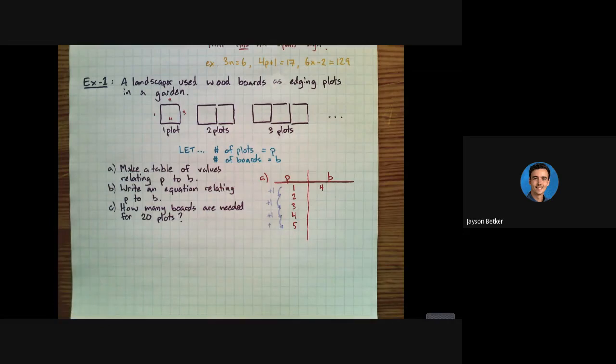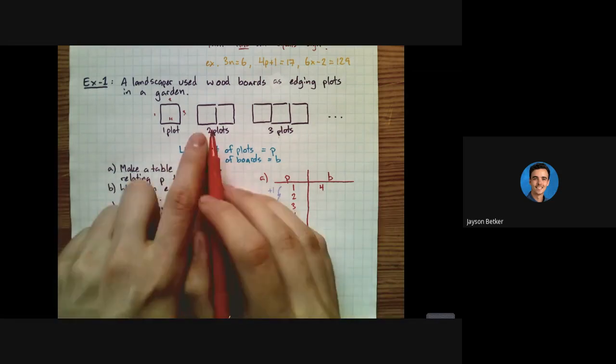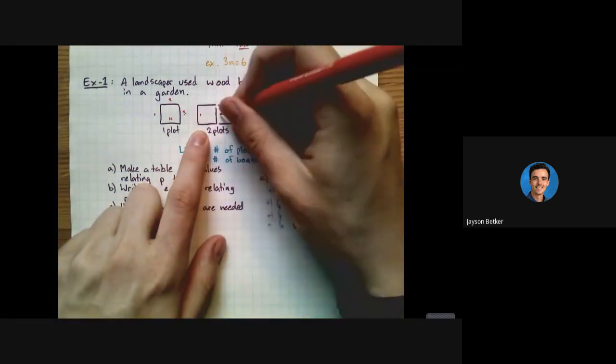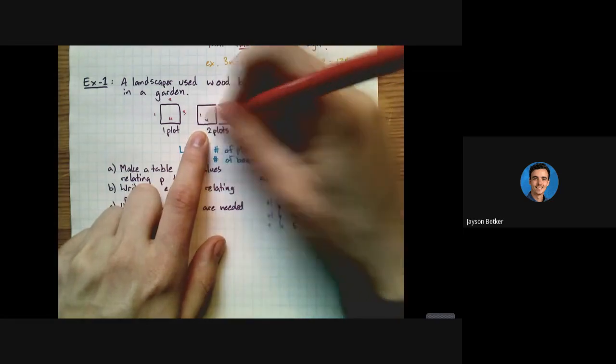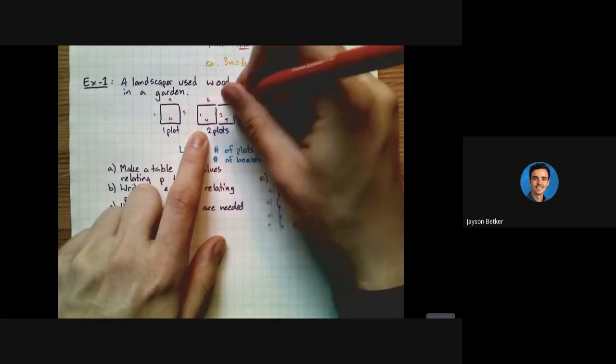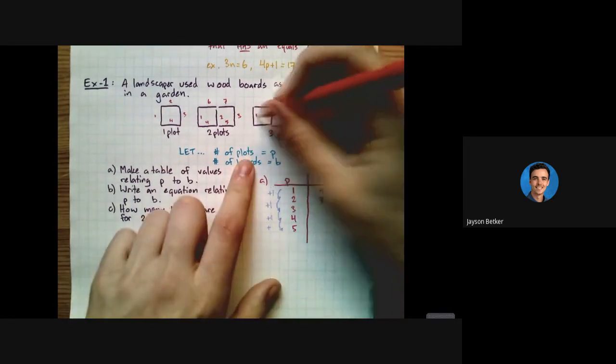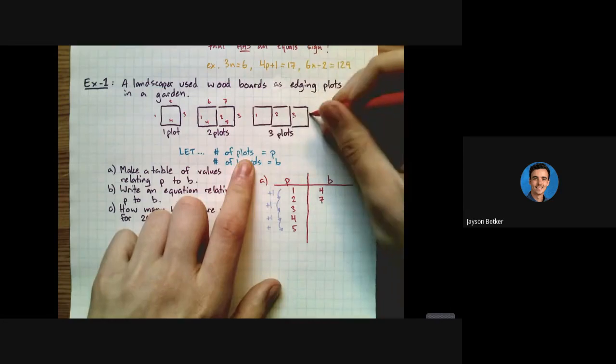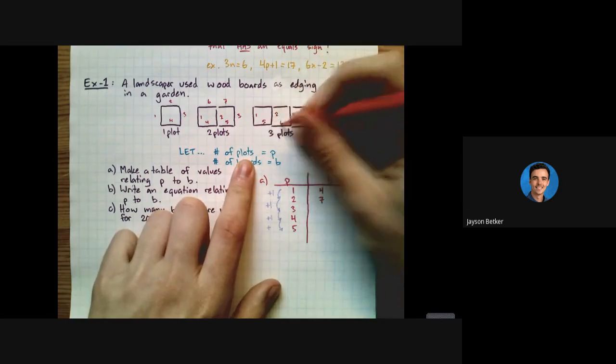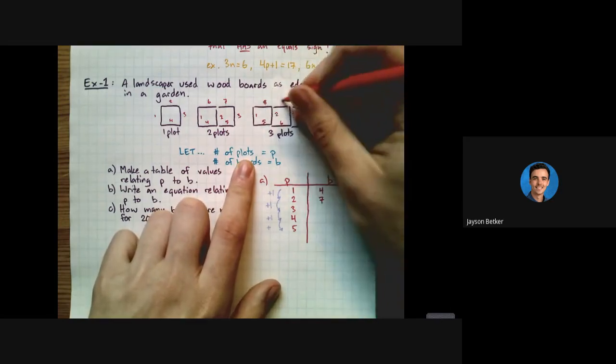Now, what happened with my number of boards every time? So I had 4 boards initially, and then for this next one, let's count out the boards. 1, 2, 3, 4, 5, 6, 7. Let's do this one. 1, 2, 3, 4, 5, 6, 7, 8, 9, 10.